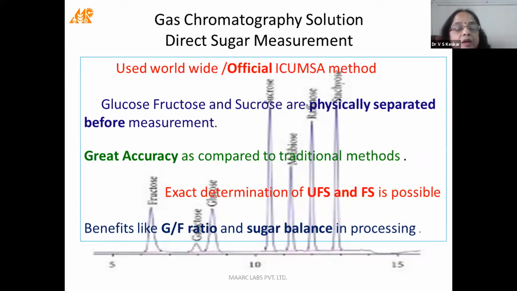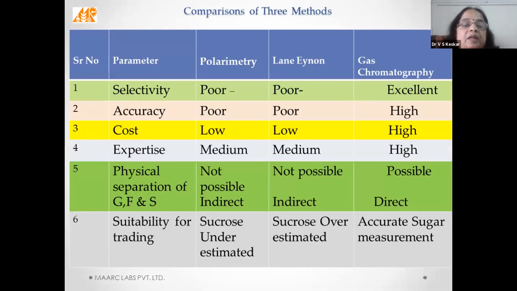And there are so many benefits, as we are getting separate glucose, fructose and sucrose. We can determine the G by F ratio, which can tell us the condition of meal sanitation, and we can also do sugar balance in processing. So these are all extra benefits of this methodology.